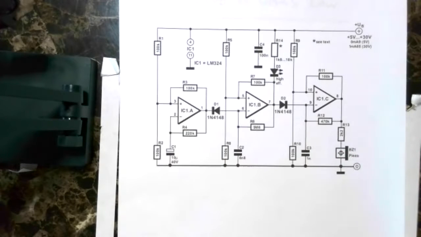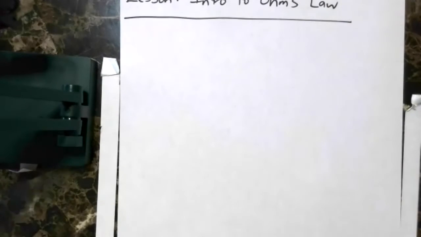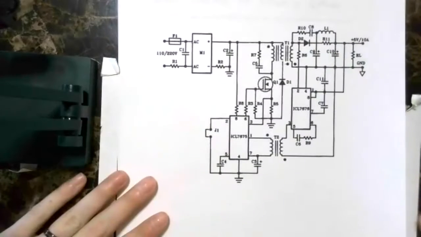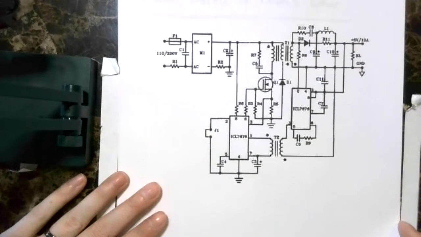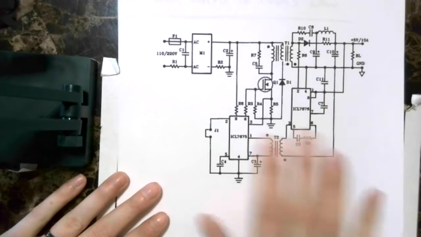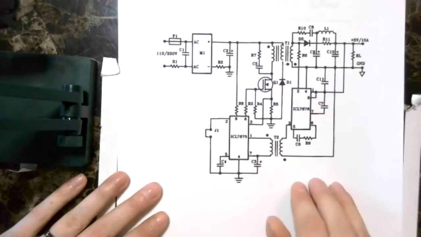So I want to show another example. This is another circuit. And to me, they're like an electrician's version of Sudoku. Again, there's a reason why we put everything where we put it.